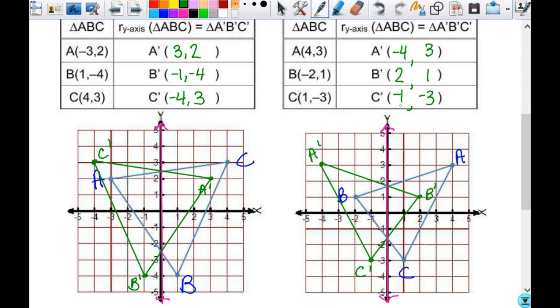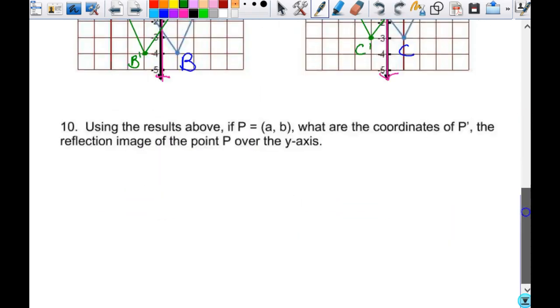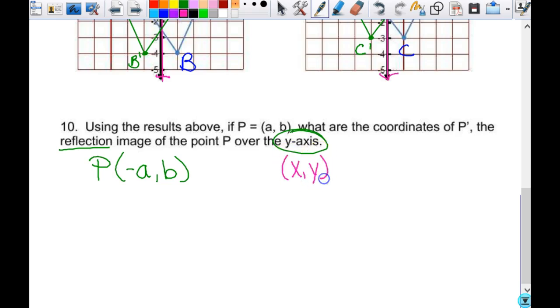All right, so here it says what are the coordinates of P prime in the reflection over the y-axis. So then point P would be what? Negative a, b. And in my mapping notation, we would say (x, y) maps to (negative x, y).